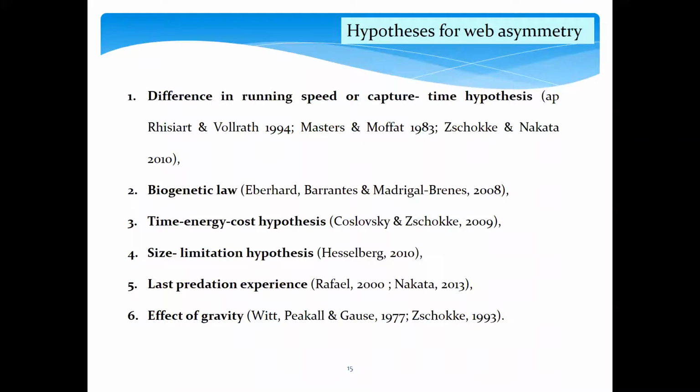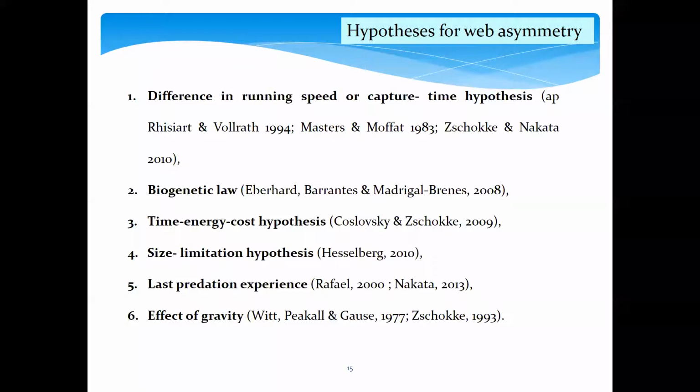So we have discussed web asymmetry. Now we will be discussing the different hypotheses which explain why asymmetry occurs in orb webs. There are basically six common hypotheses which have been laid down. Number 1 is the difference in running speed or capture time hypothesis.